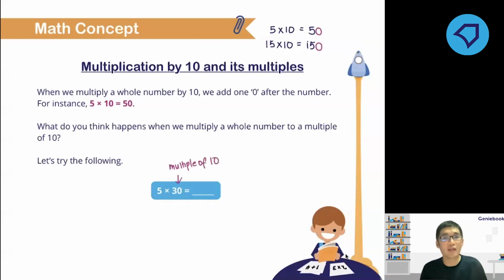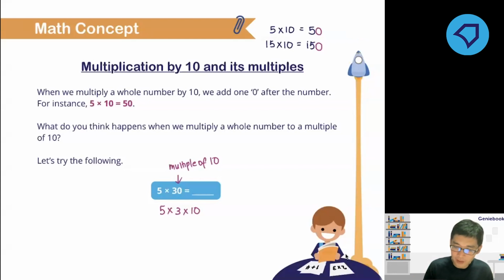I see a lot of you have already gotten the answer, but let me show you the way to present your working. So you can do so by just taking 5 multiplied by, and we can split up the 30 into 3 times 10, because 30 is a multiple of 10. It's the third multiple of 10, so it can be written down as 3 times 10.